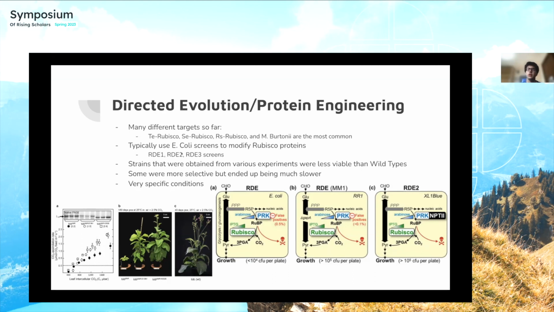coli screens, where the E. coli don't have Rubisco to start the Calvin cycle and provide energy. So they need non-native Rubisco, and these are used in labs.